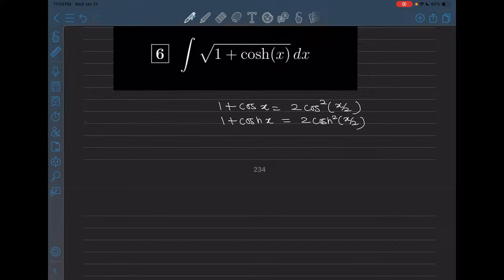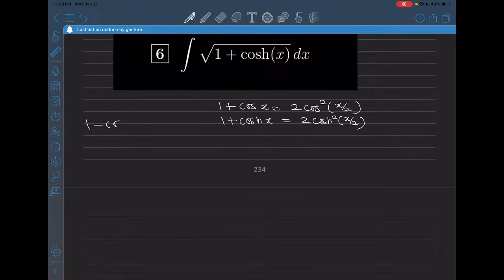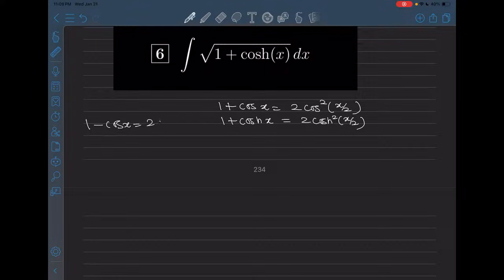Just like that, there are equivalent formulas for all of them. So even for 1 minus cos, there's an equivalent hyperbolic formula, even though I don't think it is what you might guess. This is 1 minus cosh x equals -2 sinh square x over 2, right? Okay, so now we will use this formula.